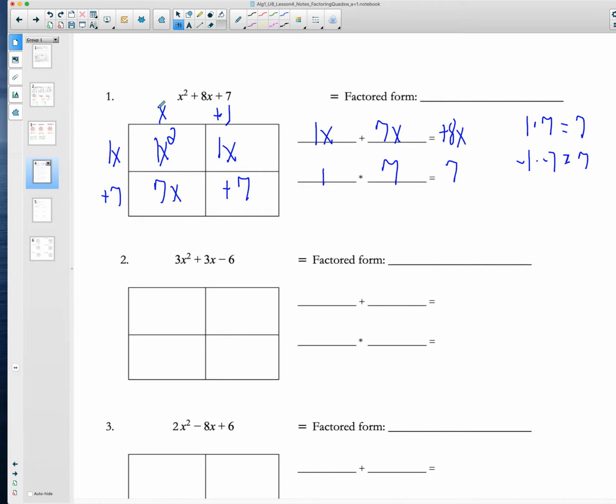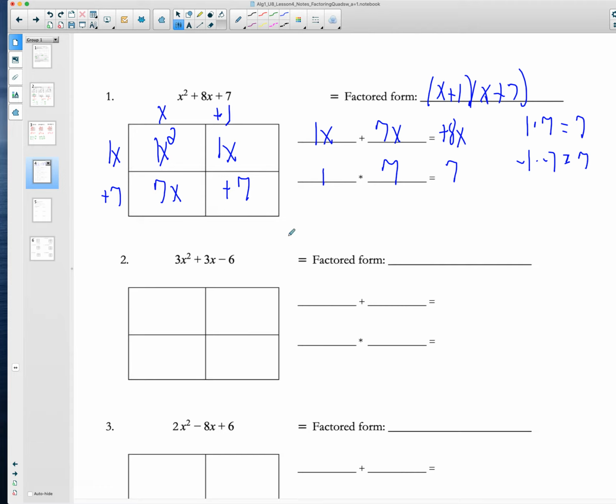And notice, now here is our first factor if we're working backwards. So we know we have x plus 1. And our second factor here is x plus 7. And we have now worked backwards from standard form to factored form.